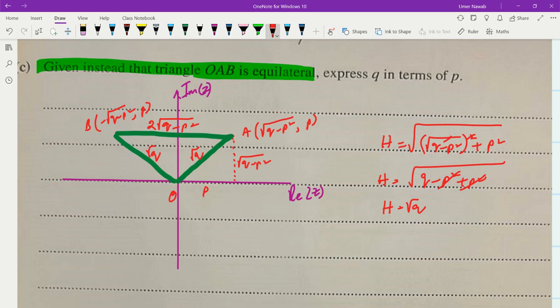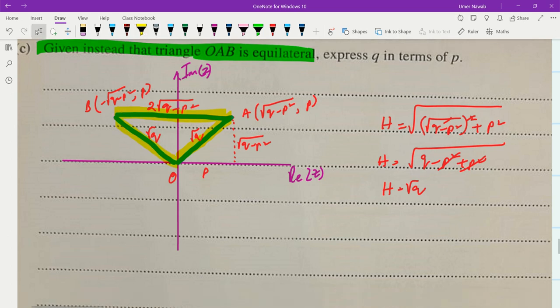Now the condition is given that this OA length is the same as the OB length, and it should be the same as the AB length. So it helps us to establish the relationship between q and p. So let me put my side AB equal to OA. So AB is 2 square root of q minus p squared, whereas OA is square root of q.